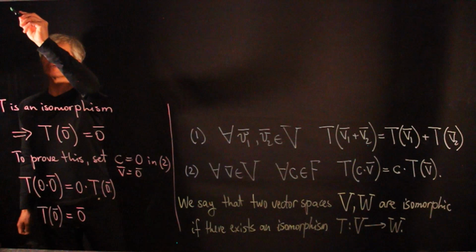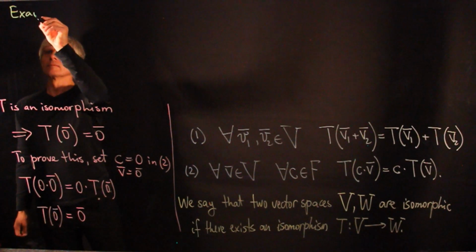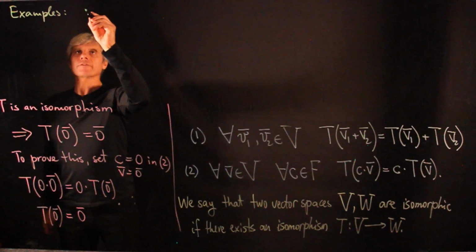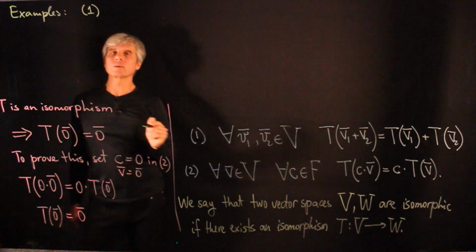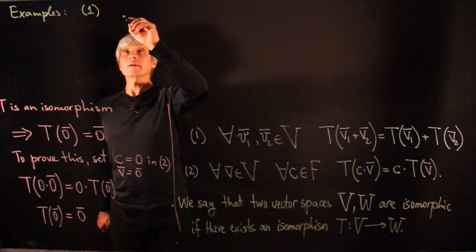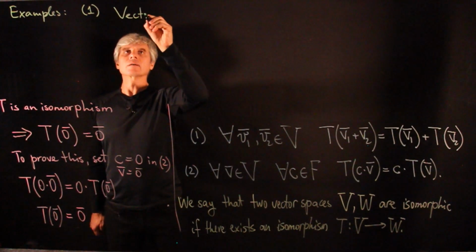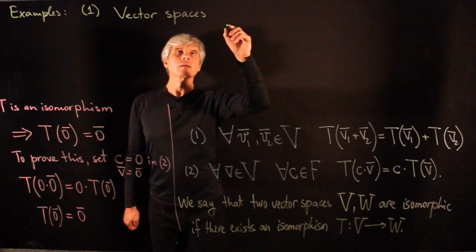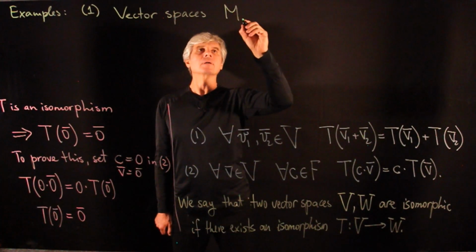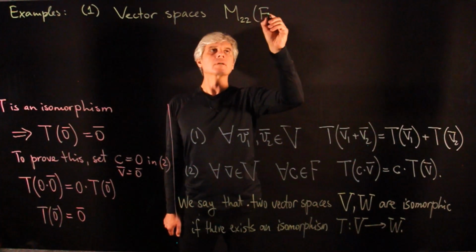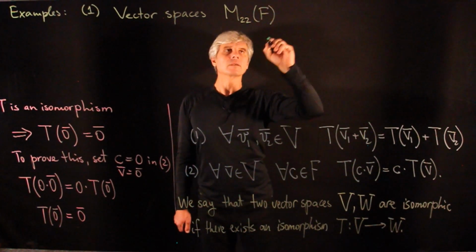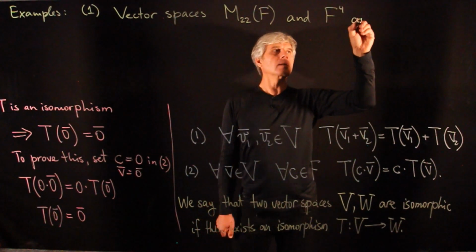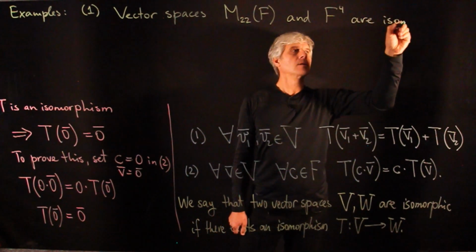Let us look at some examples. So as the first example, let us say that vector spaces M22 of F and F4 are isomorphic.